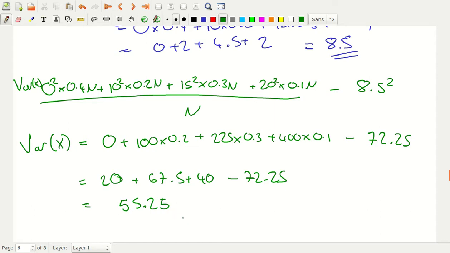Give me a second to check that. Yeah, I think it's okay. So that would be the variance, 55.25.